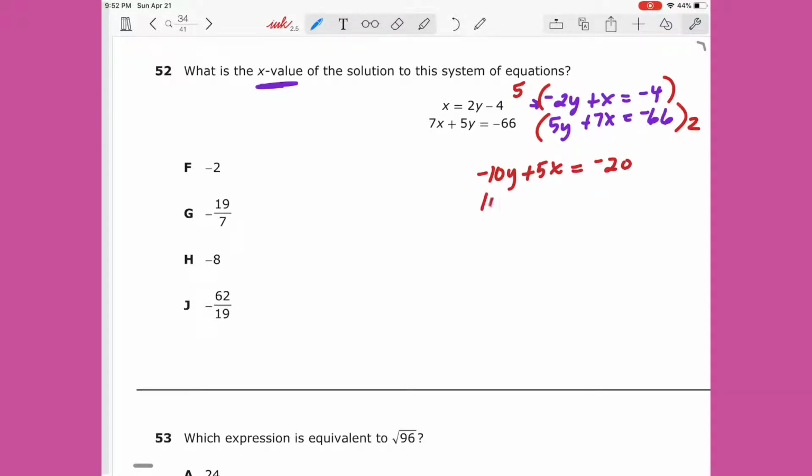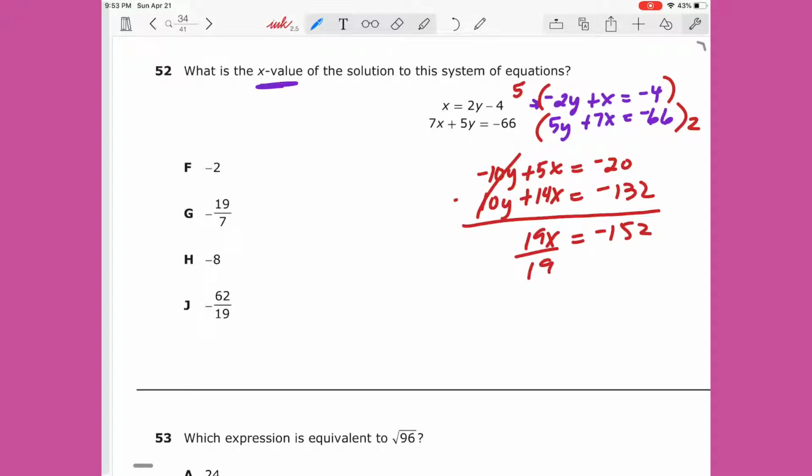Then it's going to give me positive 10y plus 14x is equal to negative 66 times 2, which is going to give me negative 132. I'm just now going to add them together. So then that's going to give me 14 plus 5 will give me 19x. Negative 132 minus 20 will give me negative 152 divided by 19. 152 divided by 19 will give me x is equal to negative 8, which is my answer choice B.